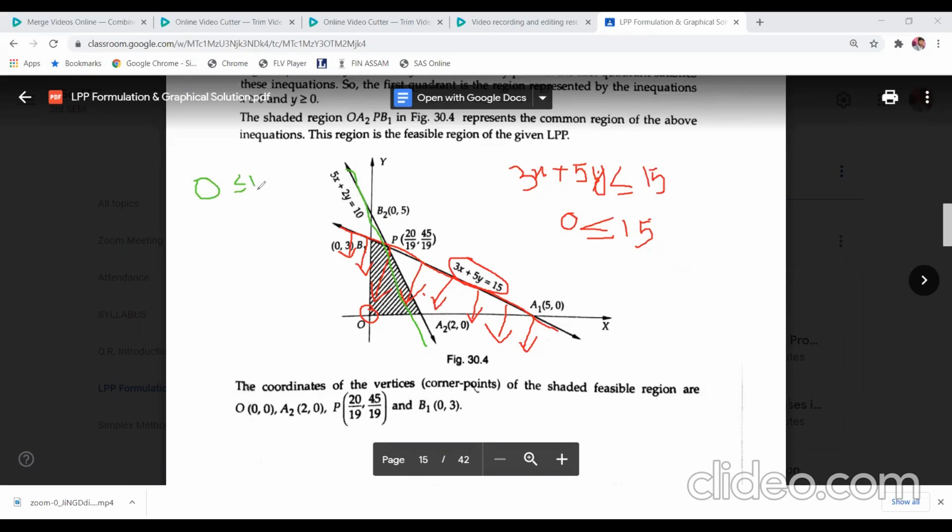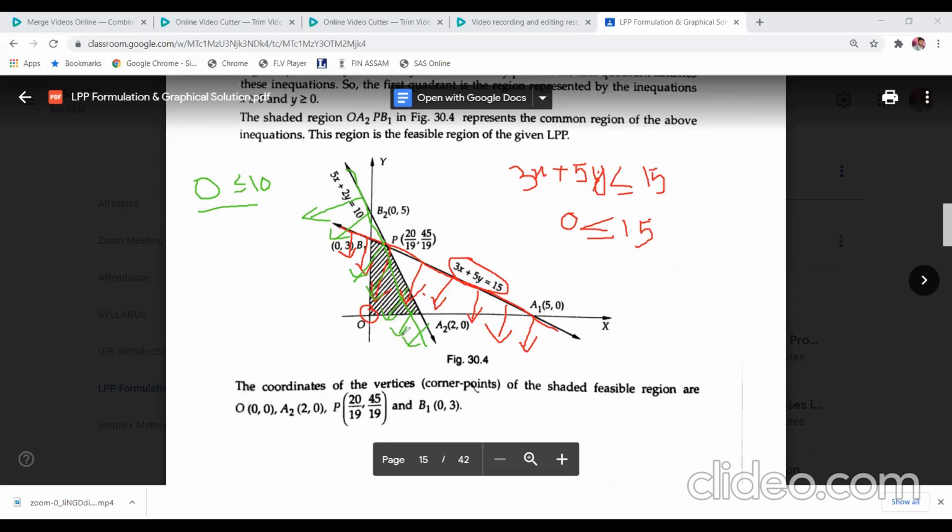So in the solution region of this line also, the origin lies. So below the line, the solution region will be this one. This is the solution region of this line.